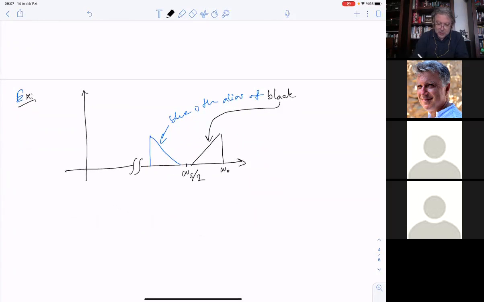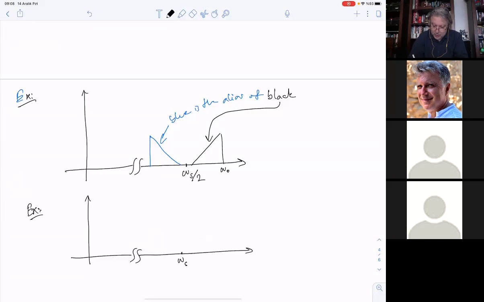And if the situation is further like this, where we have a point corresponding to omega s over 2, and the signal extends from inside omega s over 2 to outside of it, with an omega 0 corresponding to outside of omega s over 2, which is a bad thing that will correspond to aliasing, then its fold will be like this.